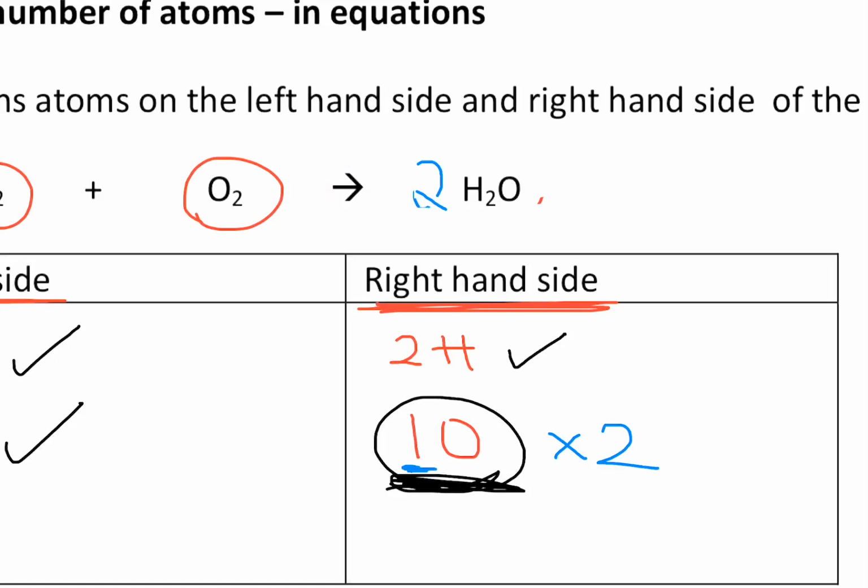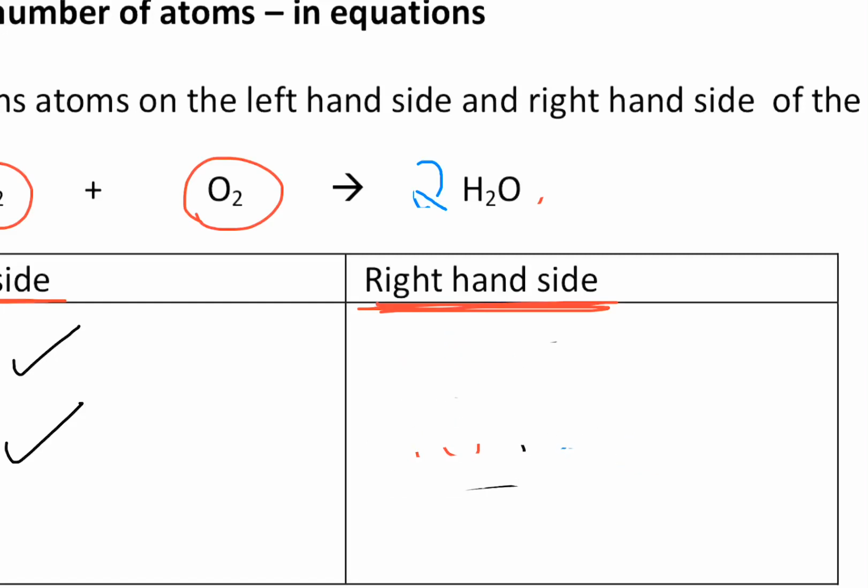So when I put a number in front, I erase everything and count again. 2 times 2 gives me 4 hydrogen now, and 2 times 1 gives me 2 oxygen now. So I have a new number of hydrogen and oxygen.